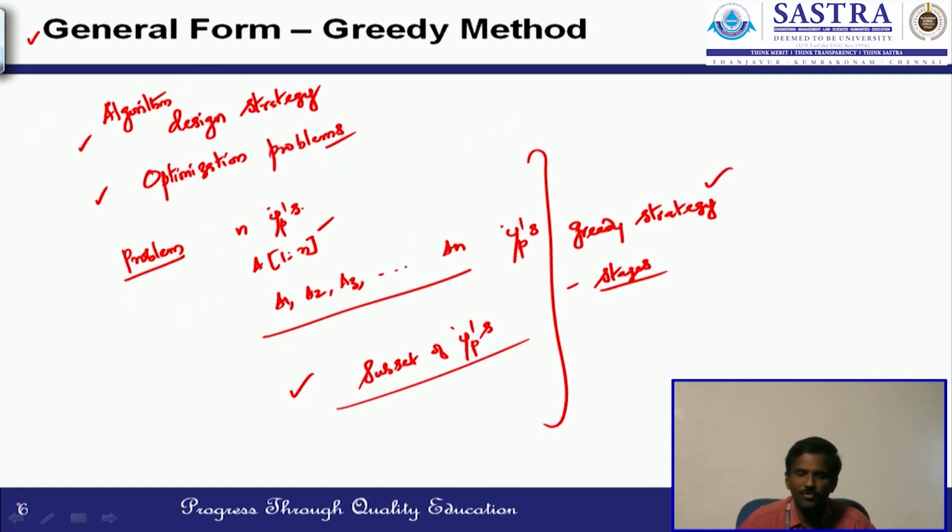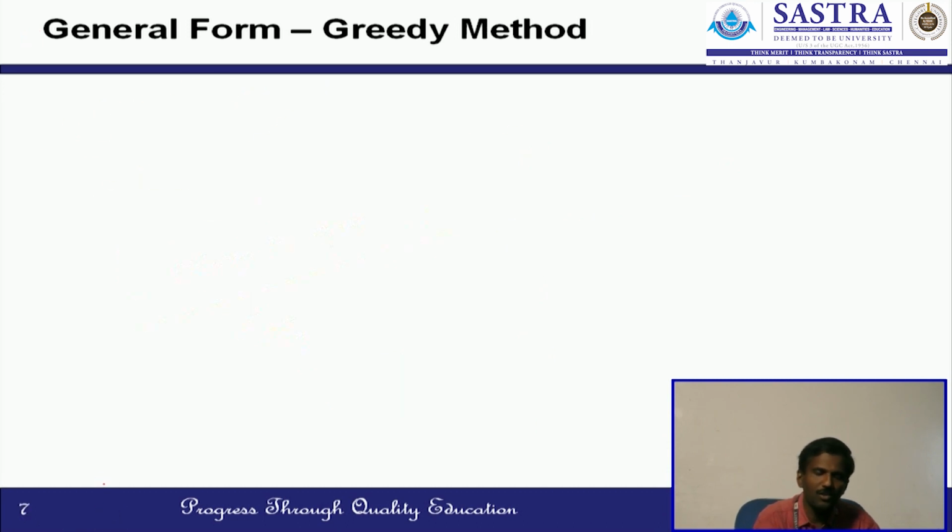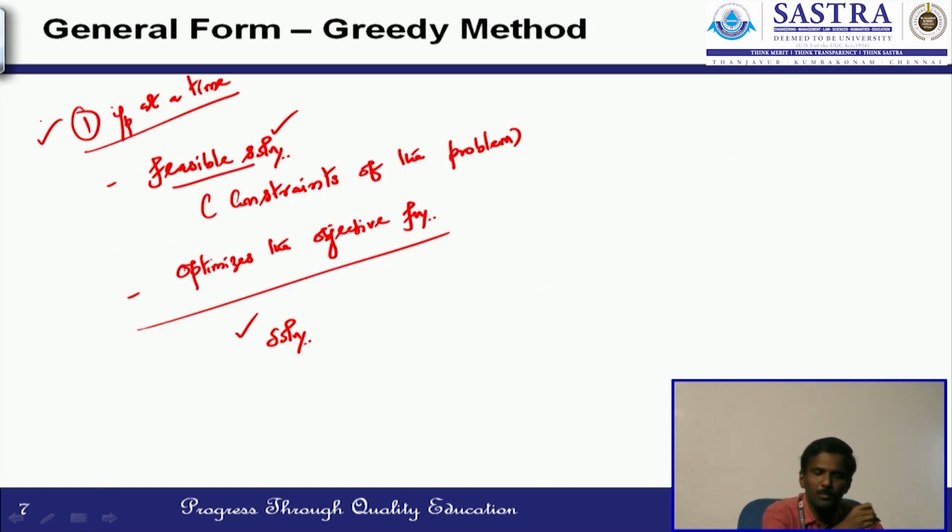Having n inputs a1, a2, a3, etc., an, we need to consider only one input at a time, check if it results in a feasible solution, then check if the solution is optimizing the given objective function, then include that input into the solution vector.